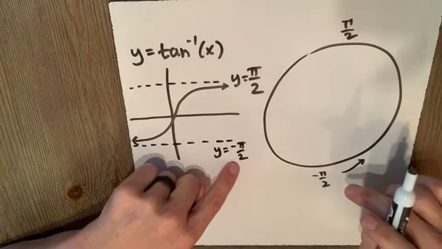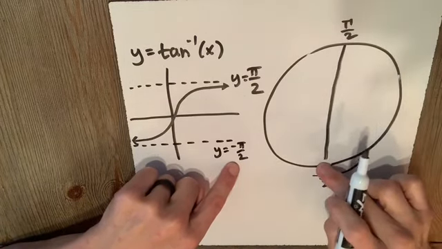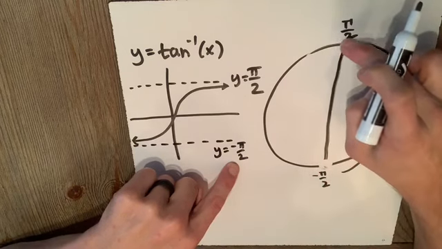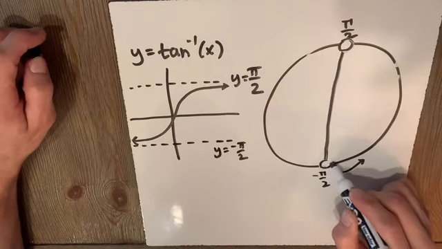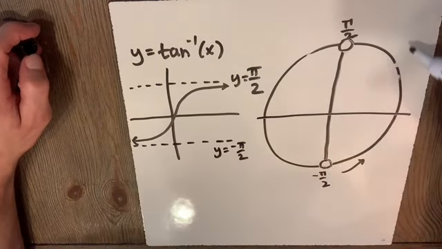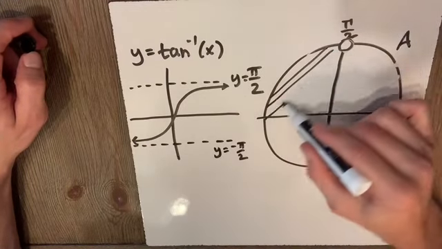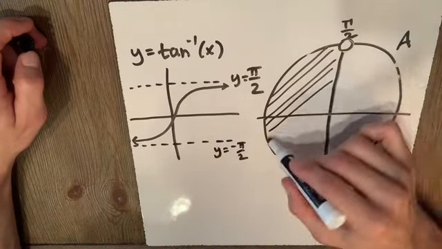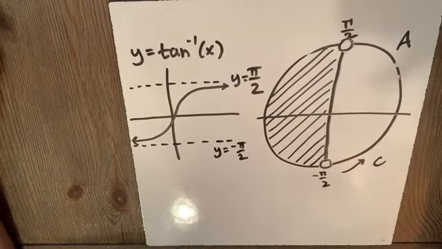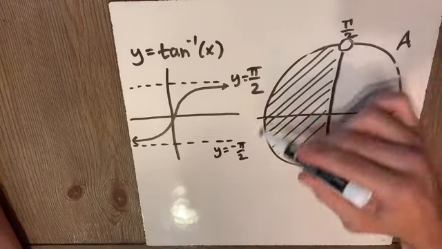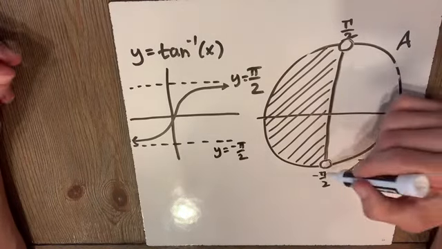Now, I can't include this pi over 2 and this negative pi over 2. So the way I'm going to demonstrate that horizontal asymptote is I'm going to put open circles here. Now, I know ASTC, I'm only allowed angles in the first quadrant and the fourth quadrant. I'm not going to have them in the second and third quadrant over here. So this almost looks like the sine function, but it's got two little open circles.